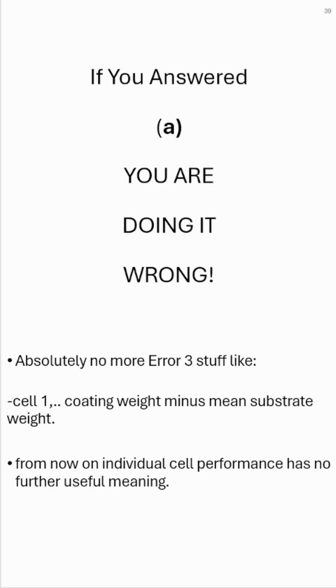From now on, individual cell performances have no further useful meaning. It is the mean values we're going to use, and only mean values in the same calculation. Never mix single sample data with mean value data.